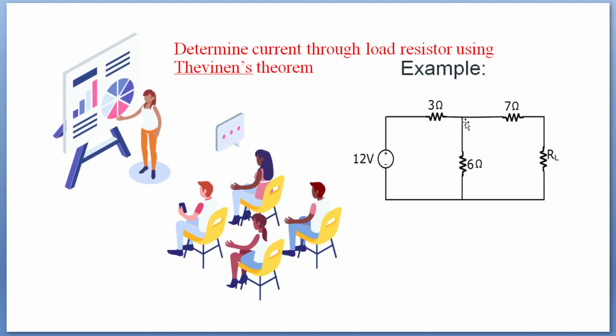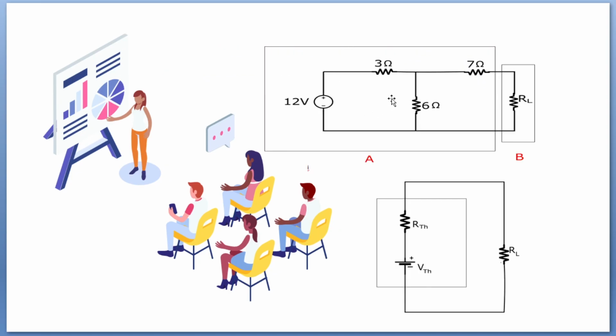Now consider this example. Determine the current through the load resistor using Thevenin's theorem. What is the first step?